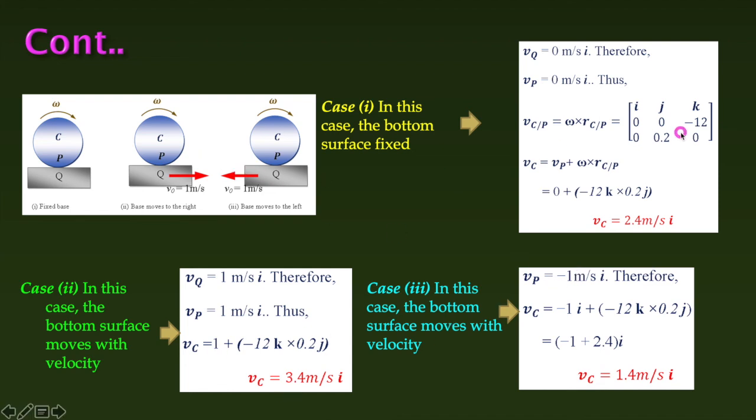If rightward is plus i, then minus i is the unit vector, so minus 1 meter per second. So this is all about general planar motion, meaning two-dimensional motion. You notice that in all these numericals, the motion is in two dimensions only.